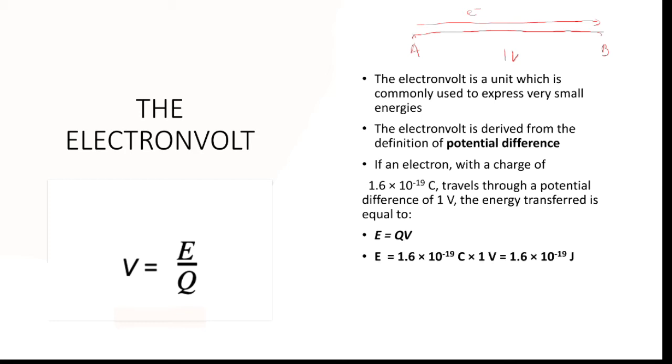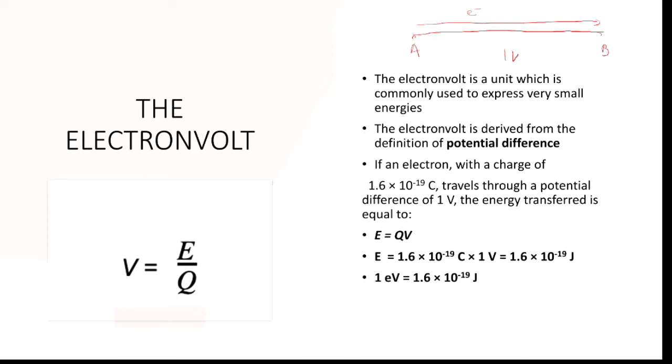So you have the charge as 1.6 times 10 raised to the power of minus 19 coulombs multiplied by 1 volt. That is the charge moving through 1 volt of PD, and that will give you the energy of 1.6 times 10 raised to the power of minus 19 joules.